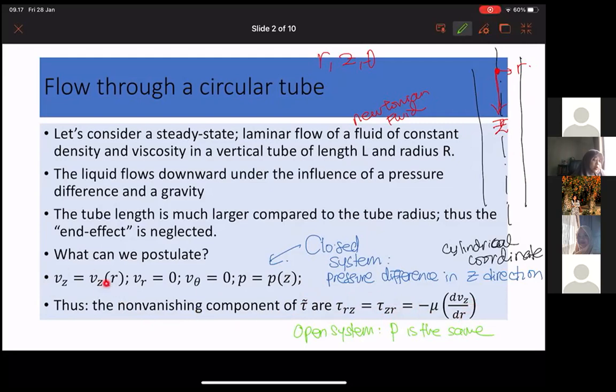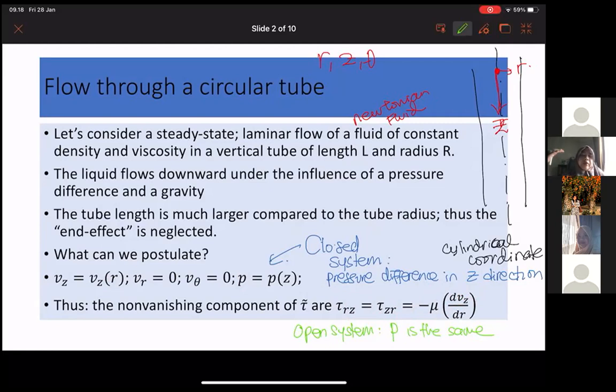Because here we know that we have the velocity only as a function of r, so the tau that we have is tau rz, which is minus the viscosity times the change of the z-velocity with respect to the radius.